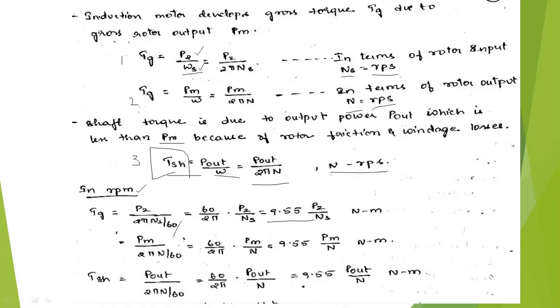In terms of rotor output, Pm by 2 pi N by 60. So that becomes 9.55 Pm by N in terms of rotor output. And finally shaft torque, P output by omega, that is 9.55 P output by N. So these are all the values in RPM and these are all the values in RPS.